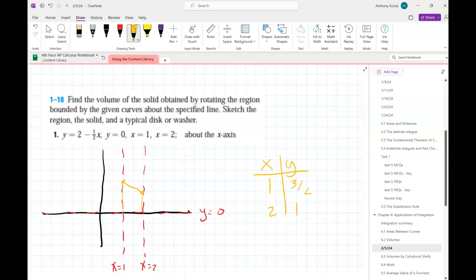All right. So the area that I have is this trapezoidal shape here. We feel good on that? Feel good on how I graphed it and figured out what the shape was going to look like? Now we're going to rotate that about the x-axis. So imagine in your mind, we have our little trapezoid, and it's going to spin around the x-axis, right?